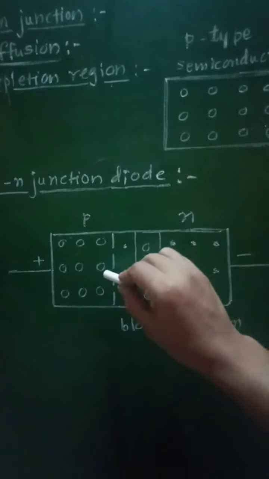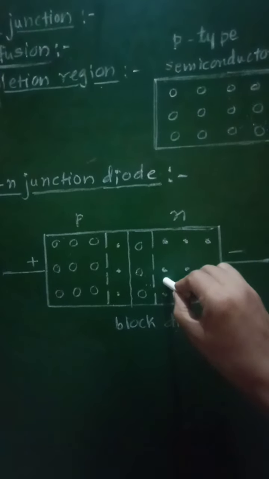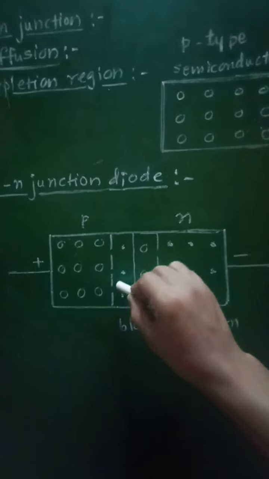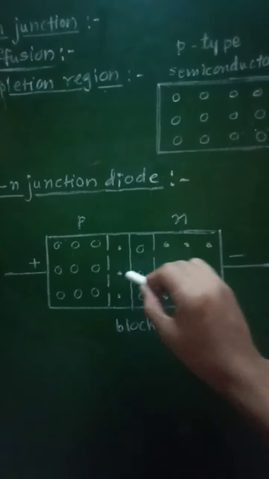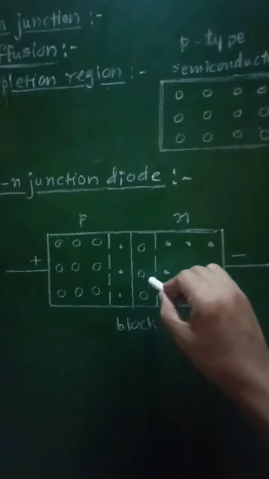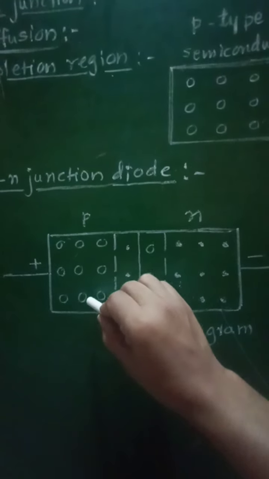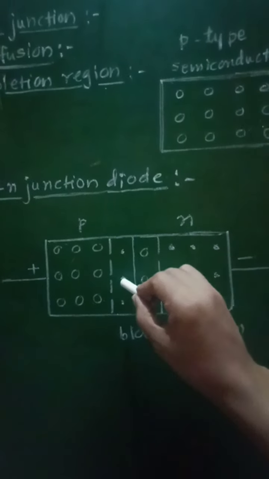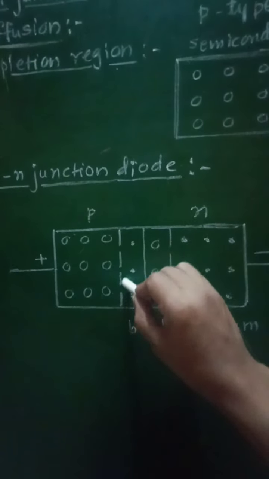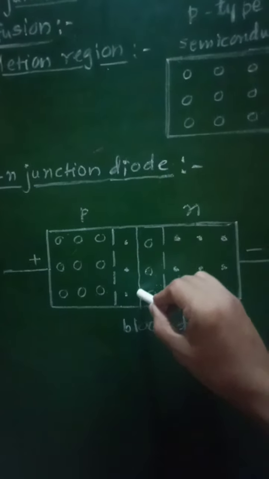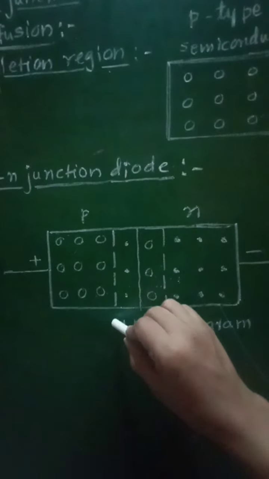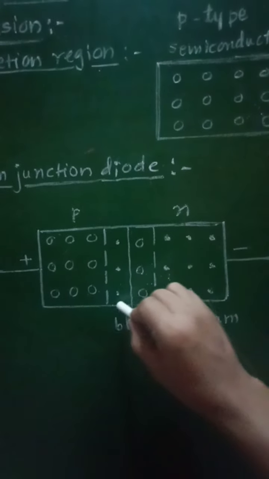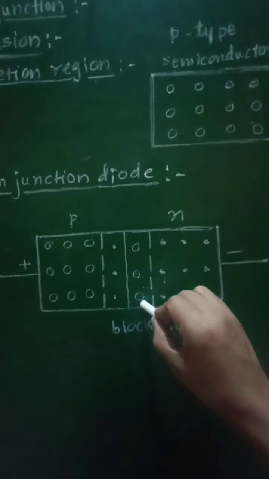In this case, when P region and N region are fused, the diffusion of the charge carriers will take place. Some of the holes from P region will enter into N region. Some of the electrons will enter from N region to P region, and therefore the PN junction will be formed along with this depletion layer or depletion region.